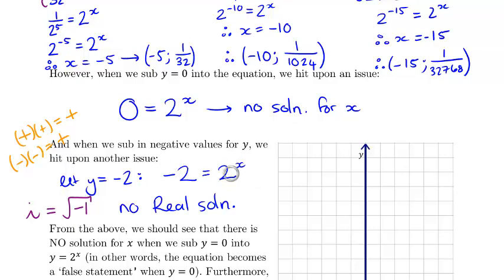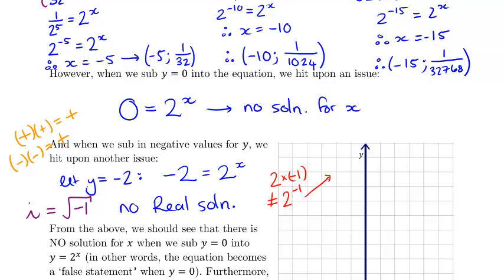Now, some of you might be going, well, why can't there be a real solution? How about if x was minus 1 over here? Because 2 times minus 1 is equal to minus 2. Well, yes, guys, 2 times minus 1 is equal to minus 2. But 2 times by minus 1 is very, very different. It's not equal to 2 to the minus 1. Remember what 2 to the minus 1 is, guys?